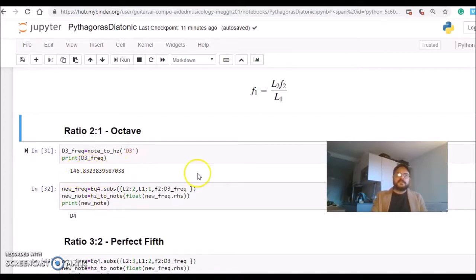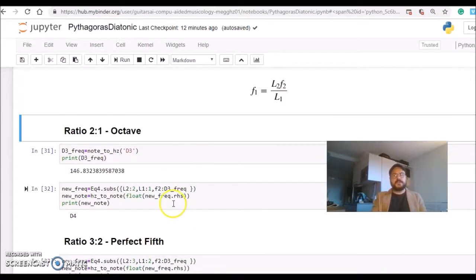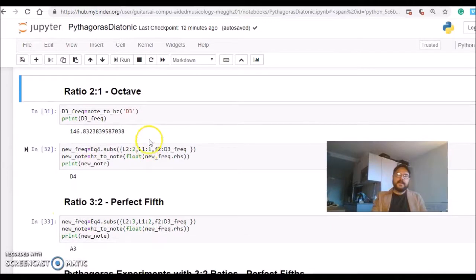If we substitute in this equation, and we consider that the length of the second, L2, is twice the first one, so we have this ratio of 2 by 1, we will get a D4, which is twice the frequency of the D3. So now I'm just using librosa and sympy, substituting the values here into this equation, just to show that the ratio 2 by 1 will produce an octave.